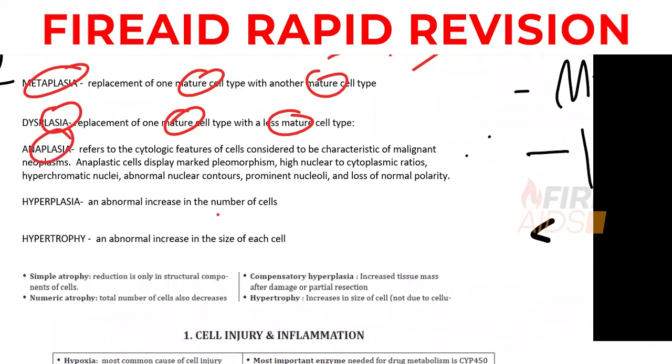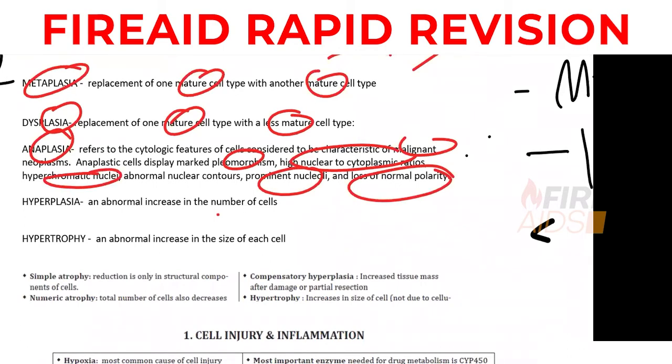Anaplasia, you must remember, is like malignant neoplasm. Anaplasia is the hallmark of malignancy. Anaplastic cells display pleomorphism, high nuclear to cytoplasmic ratio, prominent nucleoli, loss of normal polarity, hyperchromatic nuclei, abnormal nuclear contours.